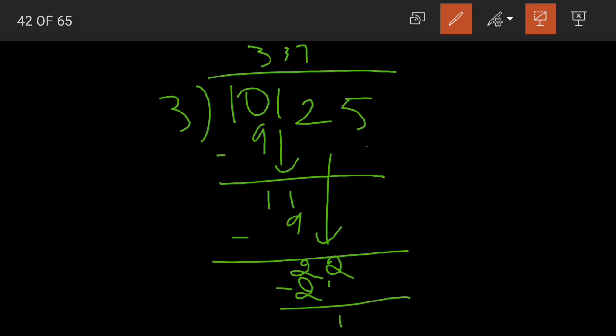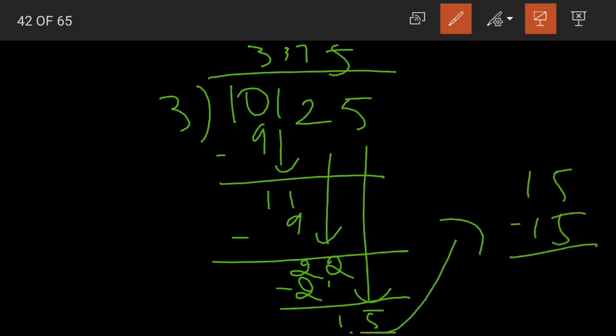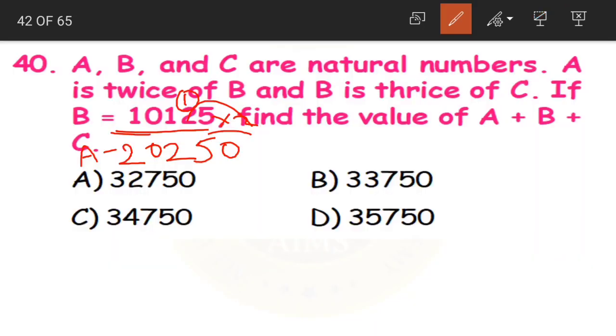When we subtract, 1 is remaining. 5 brought down. 3 5s are 15. 15 minus 15, the remainder is 0. What is the answer? 3,375. This is the value of C. C is equal to 3375. Clear children? We got the value of A, B and C.